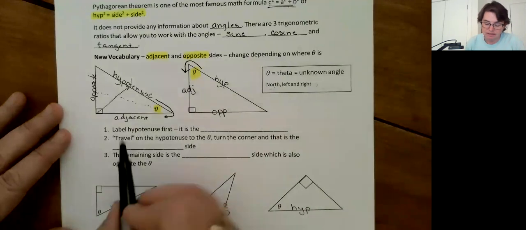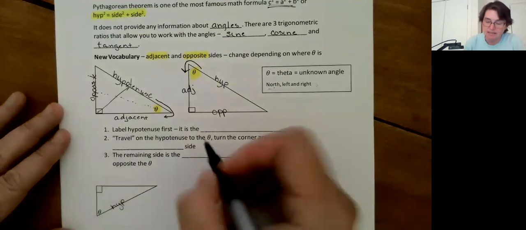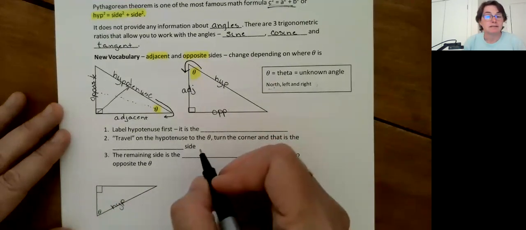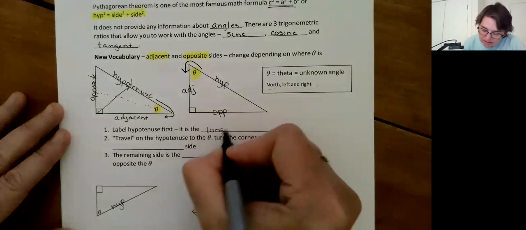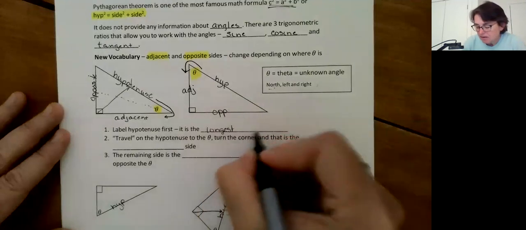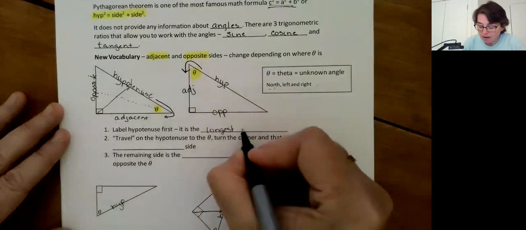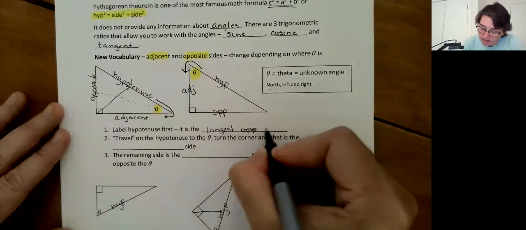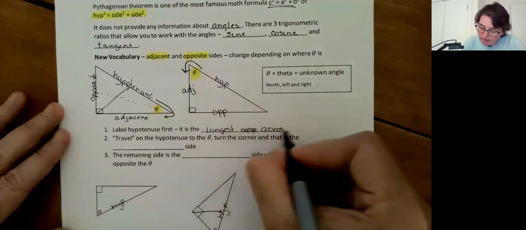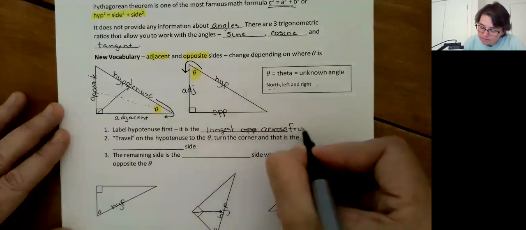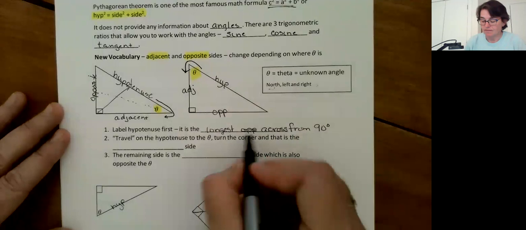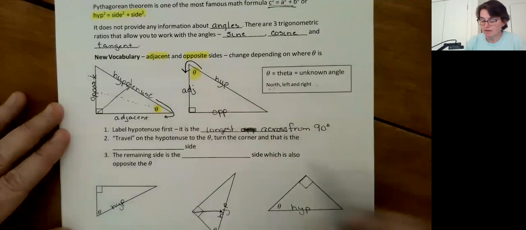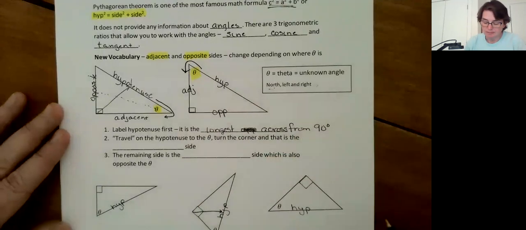Okay, so your directions: label hypotenuse first. It is the, tell me, yes, of course, longest side. Or you might have said opposite. No, let's not use that. Let's say across the 90-degree angle. All right, in fact, I'd put both, because you can always double check.